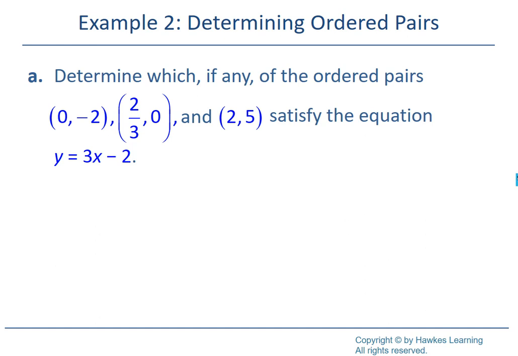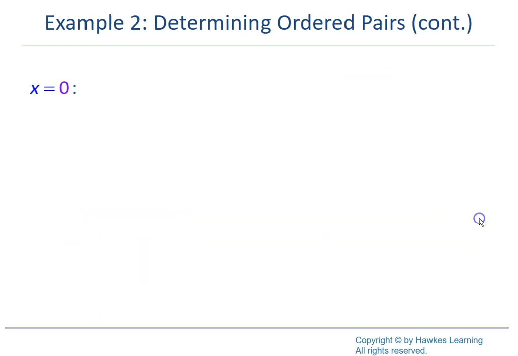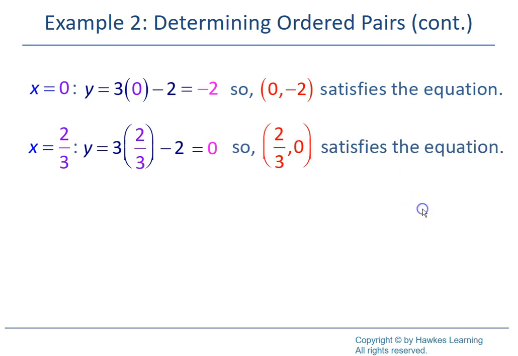And they go through in some detail showing you all of this. And they're substituting the 0 in there, and it does equal -2, so that point is true. I like the T-chart because it illustrates what you have, and then you can easily see if it works for you.